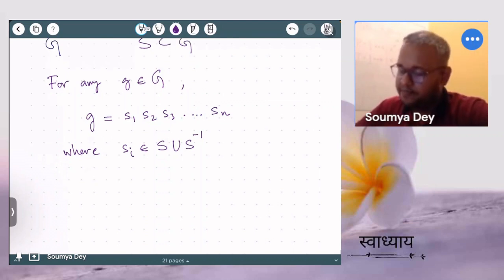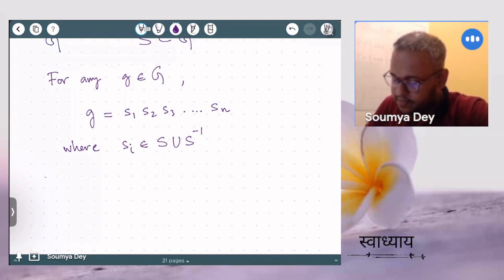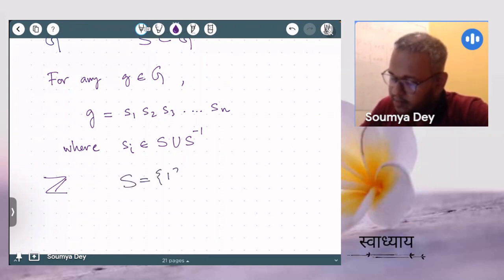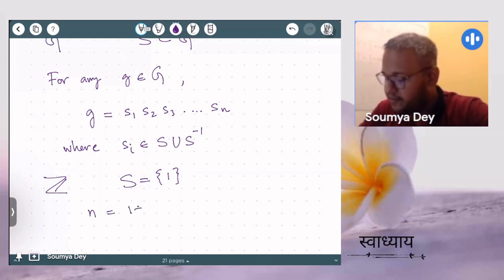What is an example? For example, you take Z. Z is a group. You can take S to be the singleton {1}. Any element you take, if n is bigger or equal to 0, you can just add 1 n many times.